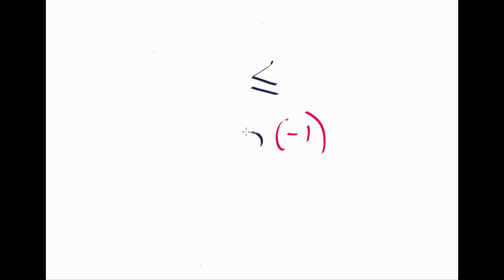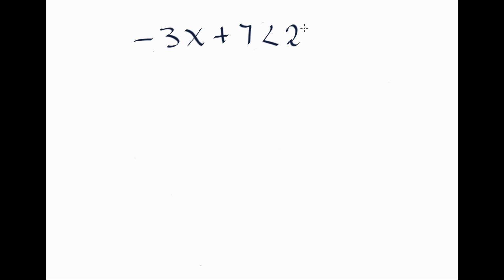So we're going to do some examples. Let's start with an easy one. Let's have negative 3x plus 7 is less than 22. As we did with linear equations, the first thing we need to do to isolate x is get rid of this 7.